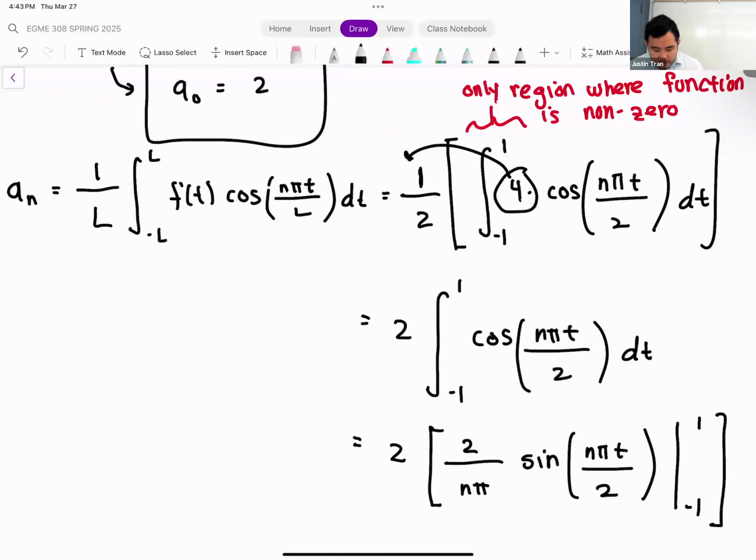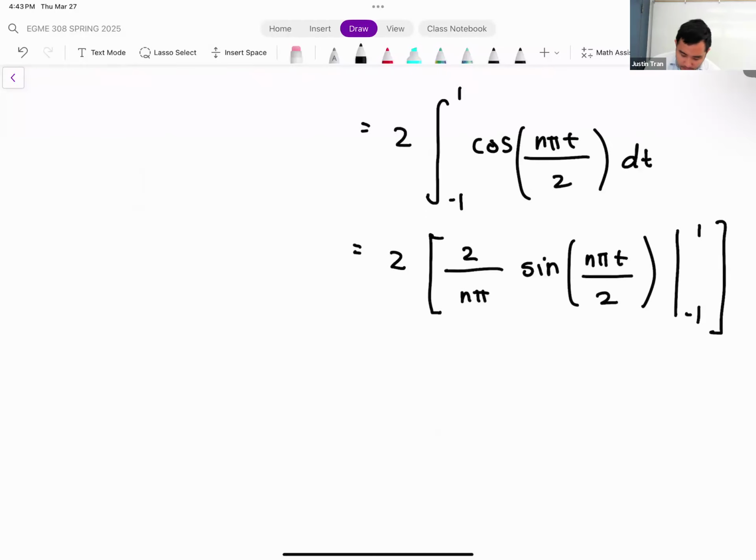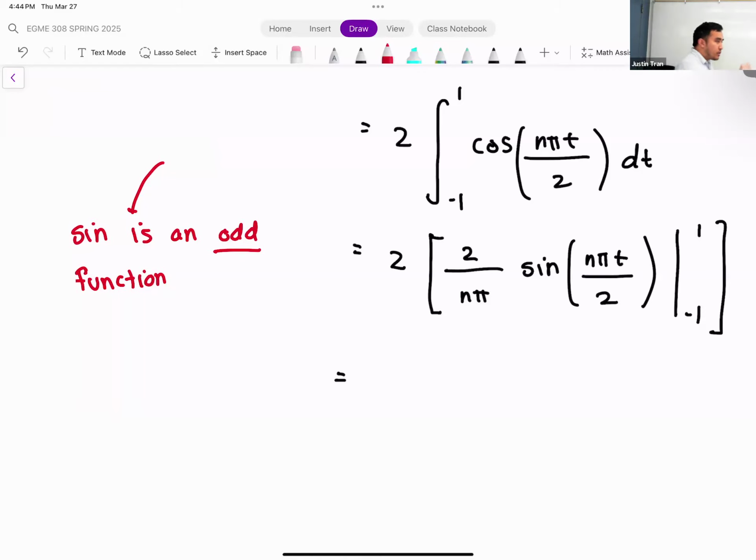All right, so let's go ahead and keep evaluating this. Remember, let's recall from last time that we have this interesting trig identity where we said that sine is an odd function. And all that really means is that sine is symmetric across the origin.